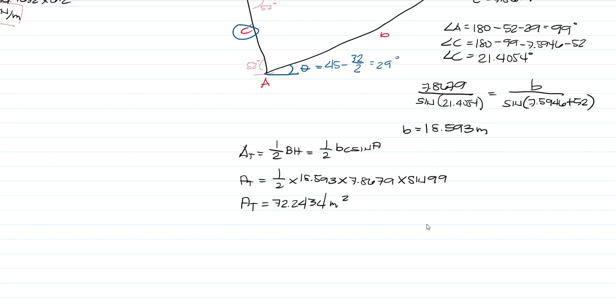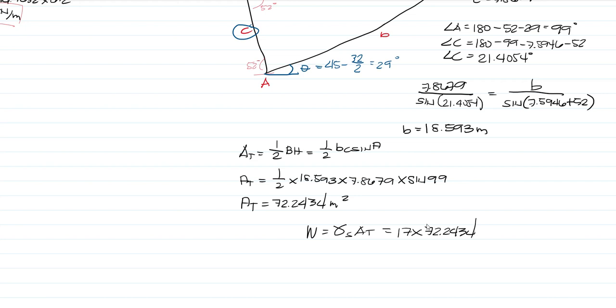Then to get the weight of the failure wedge in kilonewton per meter or per meter strip analysis, that will be gamma ng soil times yung area ng triangle. So that is 17 times 72.2434.